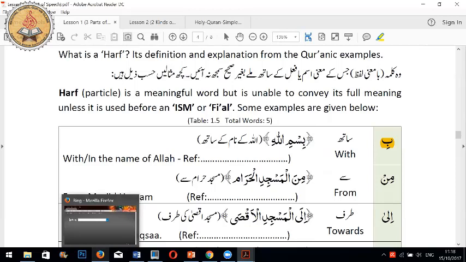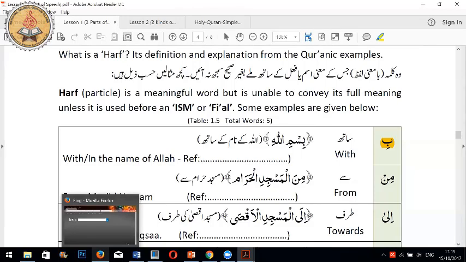and dependent on asma, on nouns. Asma is the plural of ism, noun, and fi'l verb, and af'al plural.